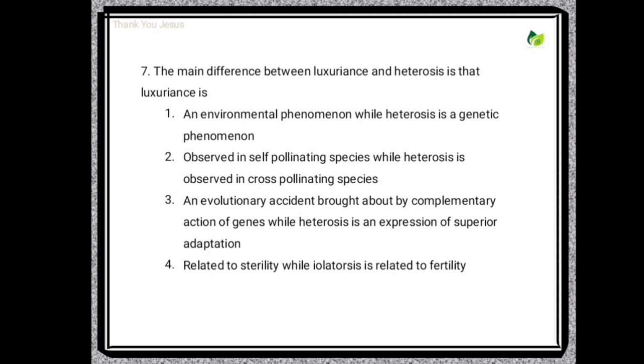So last option related to sterility while heterosis is related to fertility. The correct answer is, so luxuriance is an evolutionary accident brought about by complementary action of genes while heterosis is an expression of superior adaptation.